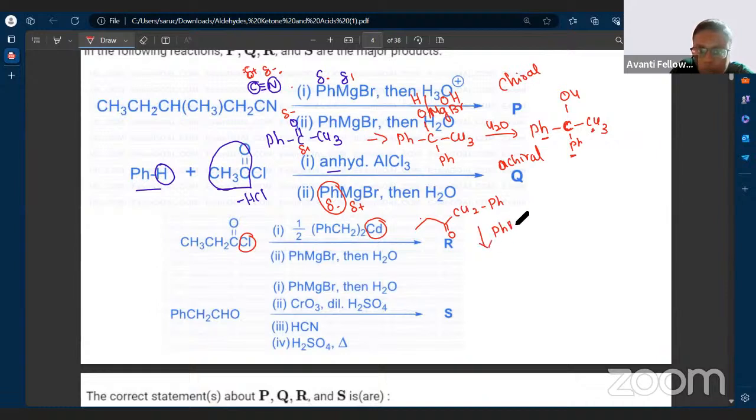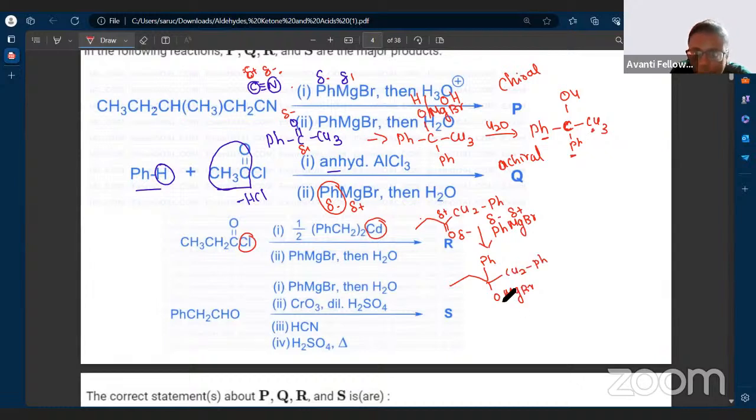Now react with PhMgBr and do the hydrolysis. Again, just make it negative, positive, positive, negative, and attach the group. So you'll be getting Ph, OMgBr, CH2.